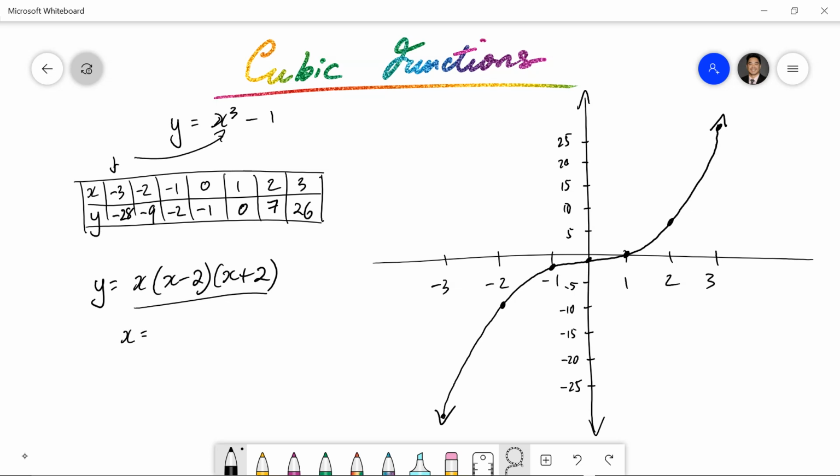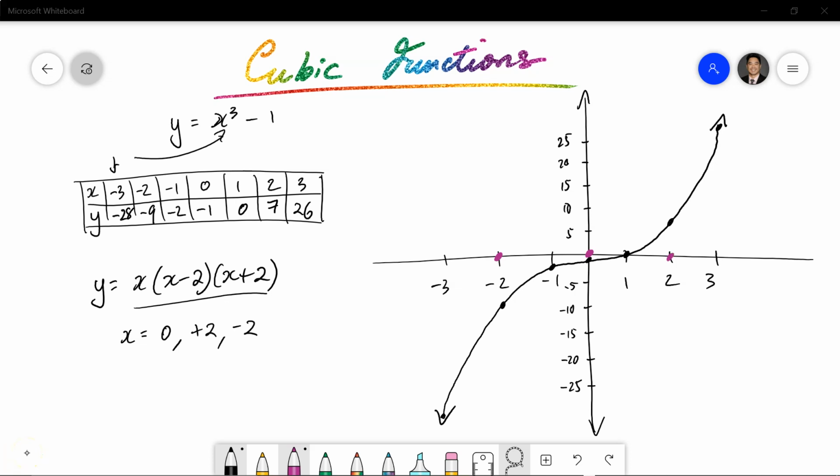Null factor law, x equals 0, +2, and -2. So our x-intercepts are at -2, at 0, and +2. Now we want to know where it's going to start, where it's going to finish, and how it's going to go through those 3 points.